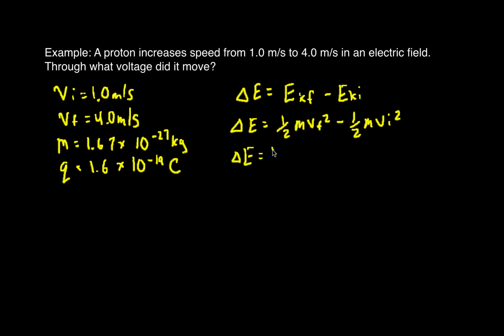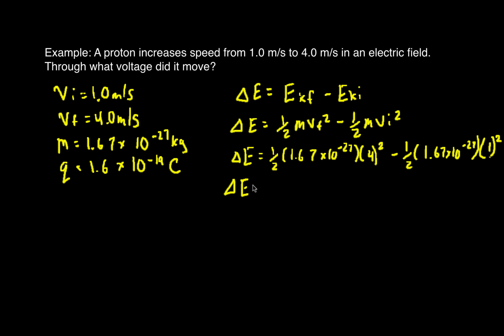The change in energy is 1/2 the mass of a proton times the proton's final speed squared minus 1/2, again the mass of a proton, times the proton's initial speed squared.